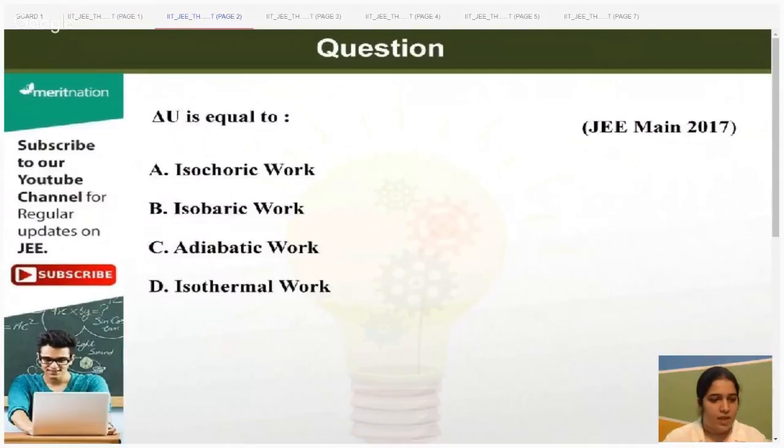All right. So let's look at each of these options individually and try to understand what information can be gathered from here. This is isochoric work. Iso, all of you remember, it means same, similar, at same or constant condition. Isochoric refers to constant volume.